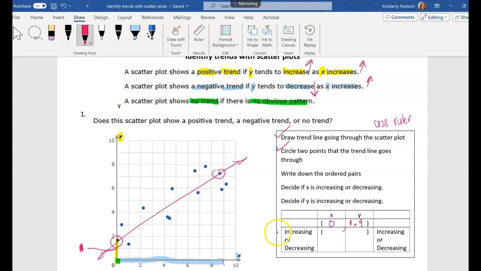So that would be 9, and it's just before 9. It's right here. So I'm going to call it 8.9. I'm using decimals this time. X is 8 9/10, or 8.9.